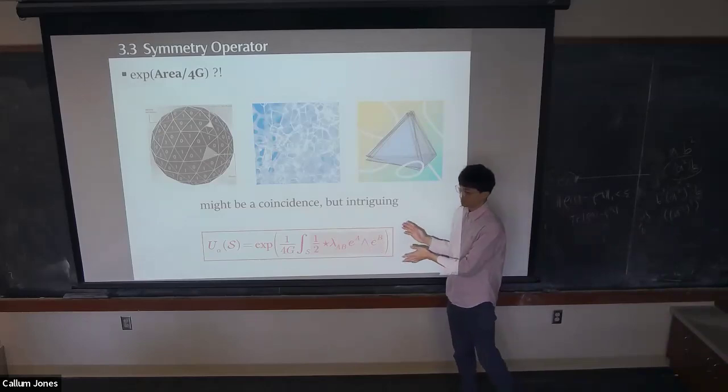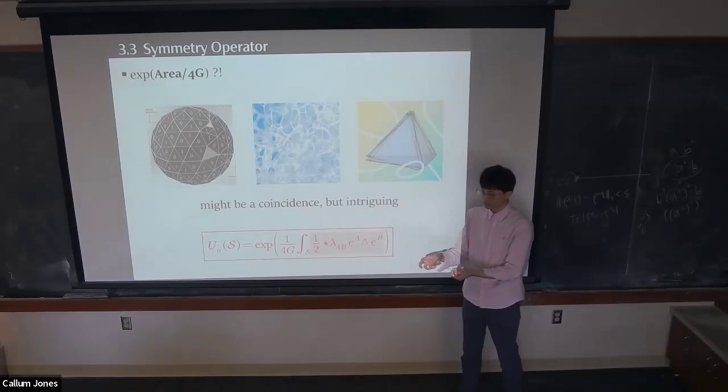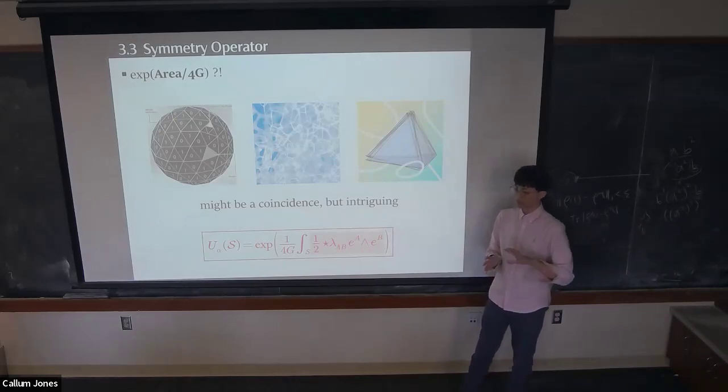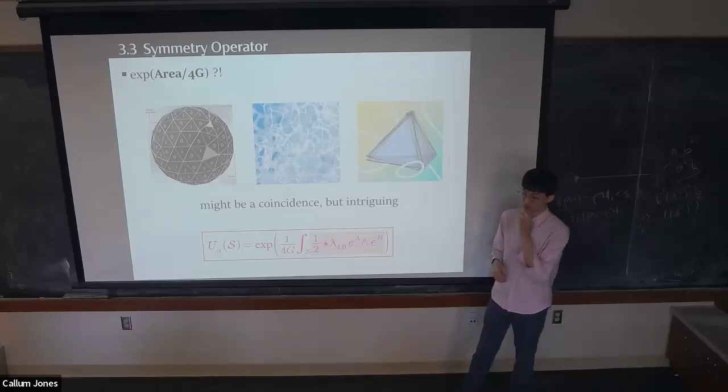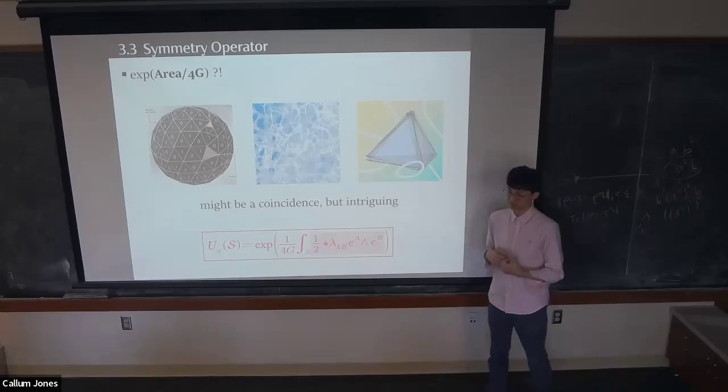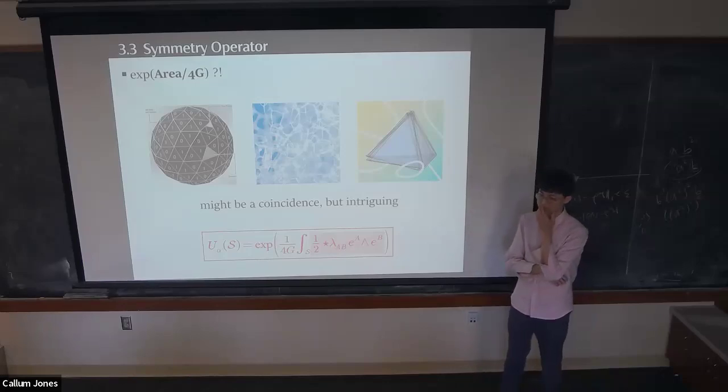But if you interpreted this formula as an operator that you insert in the path integral, then it works topologically, and it just implements the usual topological transformations of the Wilson loops. Now I will show that explicitly in terms of the path integral later. Yeah. So it's not really measuring an area; it's measuring.